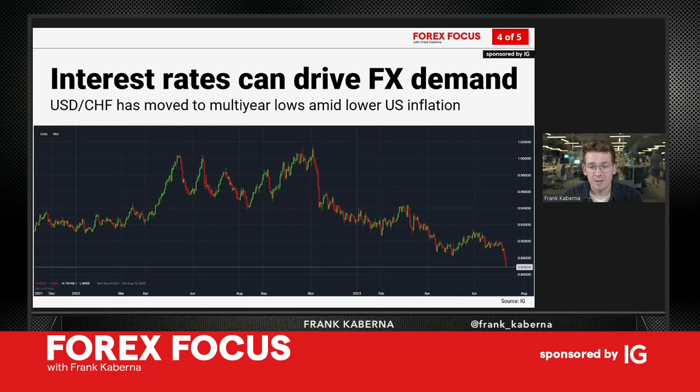But that's why the US dollar is currently crashing, and funny enough, it's a good thing for people in the US who are taking their US dollars and spending them in the US on goods and services. That is, inflation is dropping.